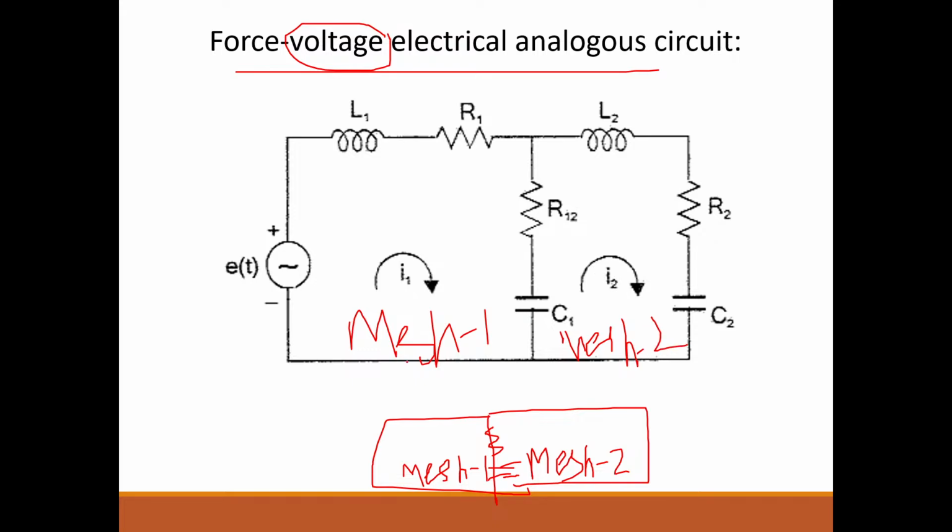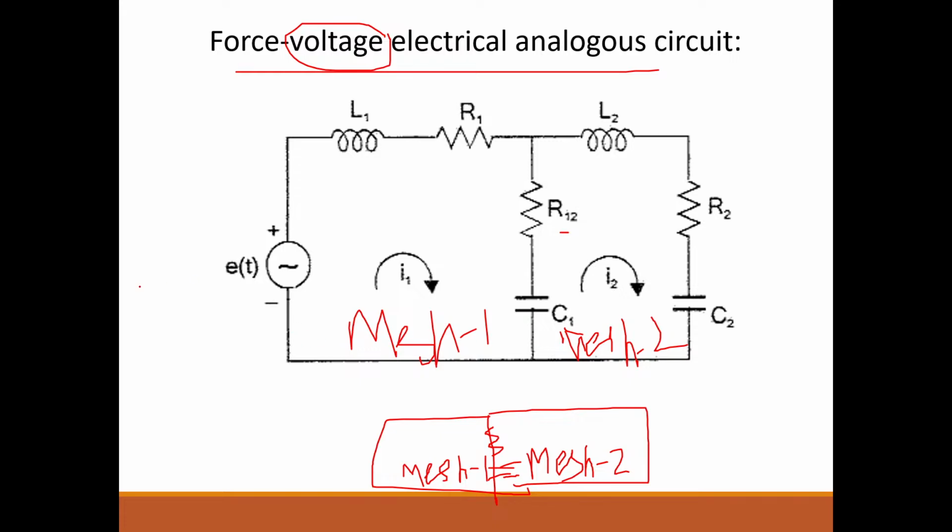In between both the meshes, these analogous elements R12 and C1 will come and exist. B12 and K1 were common for both the masses. So analogous of K1 is 1 by C1, analogous of B12 is R12. So in between both the meshes, draw R12 and C1.